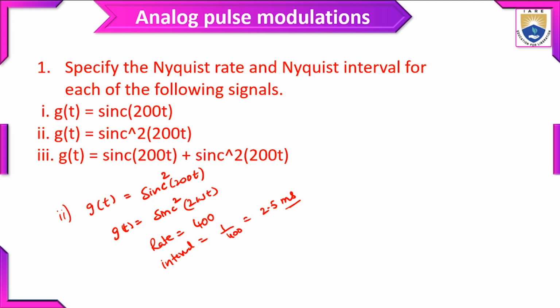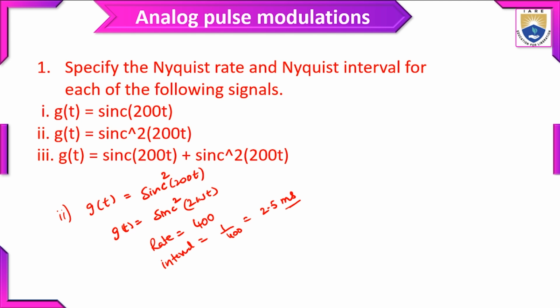For this problem, you consider the highest frequency component of the composite signal. This third one is the composite signal: one is the normal sinc pulse and another is the square of the sinc pulse. We are adding these two pulses, so you can call it the composite signal.